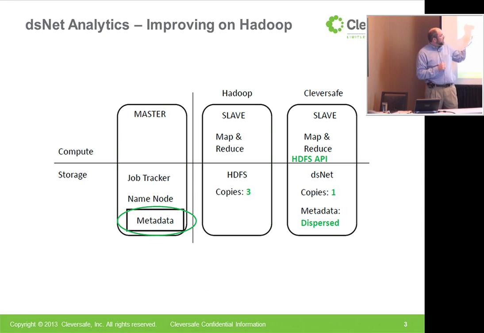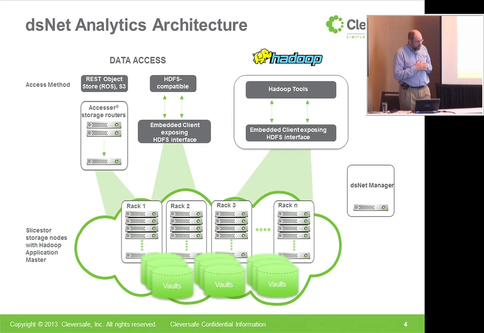Where we've changed things is inserted our dispersed storage architecture underneath the HDFS interface. So everything that talks to HDFS talks to us without being modified in any way, but behind the scenes you get the benefits of reliability from erasure coding rather than making copies and paying for copies of storage, and you get dispersed metadata, which eliminates a single point of failure in your Hadoop environment.